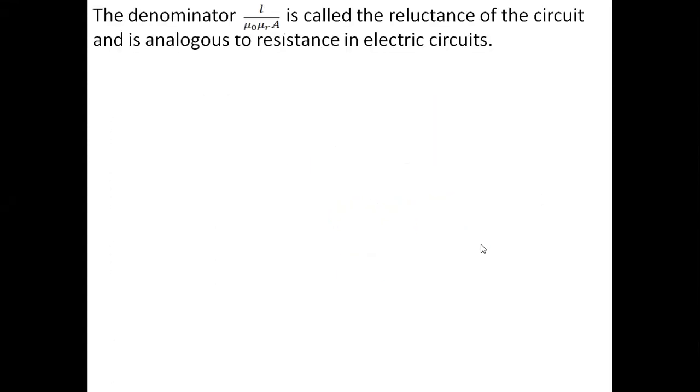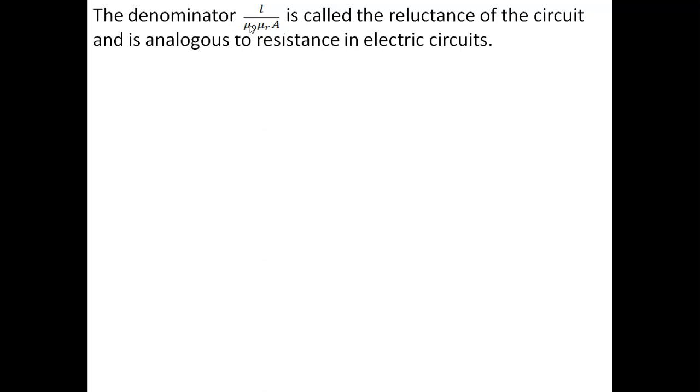In a magnetic circuit, the denominator L by mu naught mu r A is called the reluctance of the circuit. It is analogous to the resistance of an electric circuit.